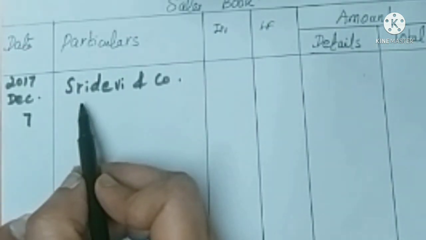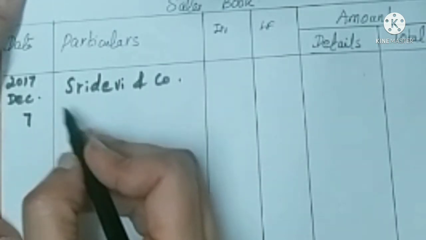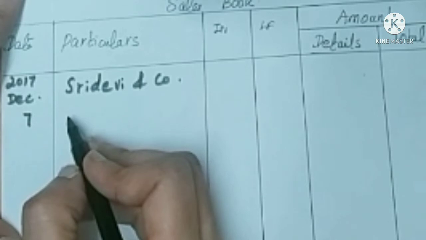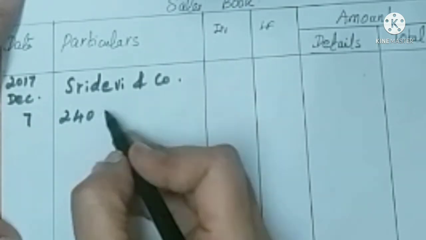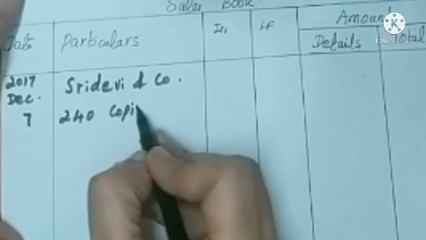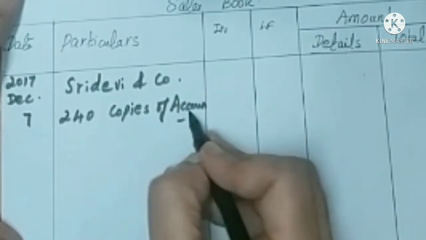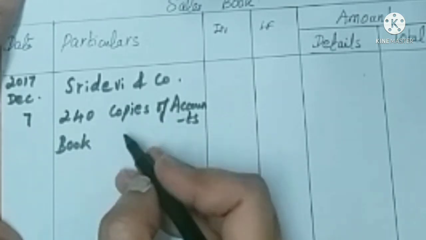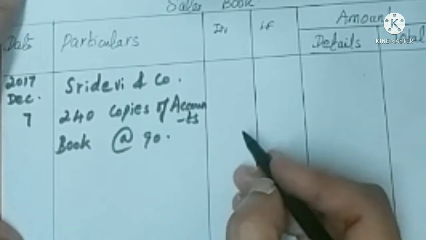So we are selling goods to Sri Devi and Co. 240 copies of business statistics book at rupees 90.